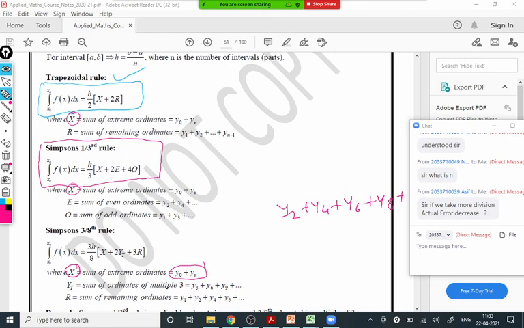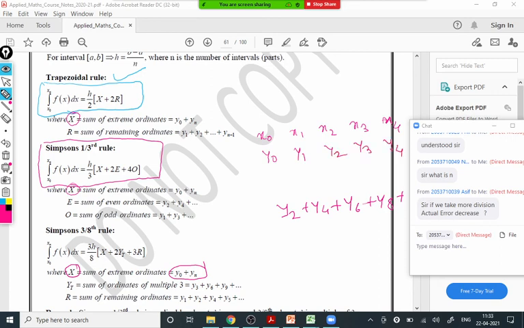But remember, suppose I write one table here: x0, x1, x2, x3, x4. Suppose these values are given, x0 to x4. So obviously we get y0, y1, y2, y3, y4.